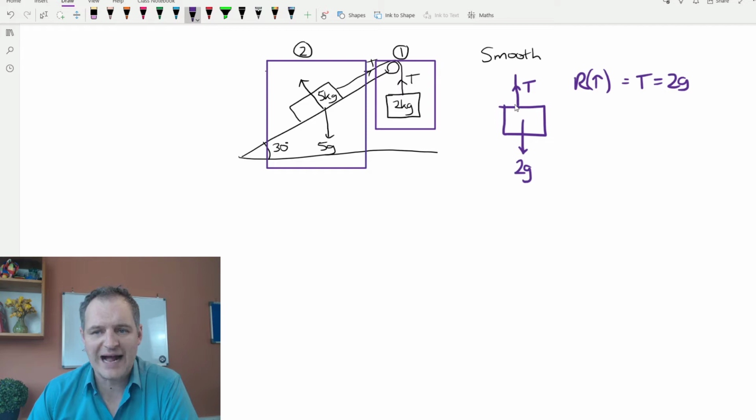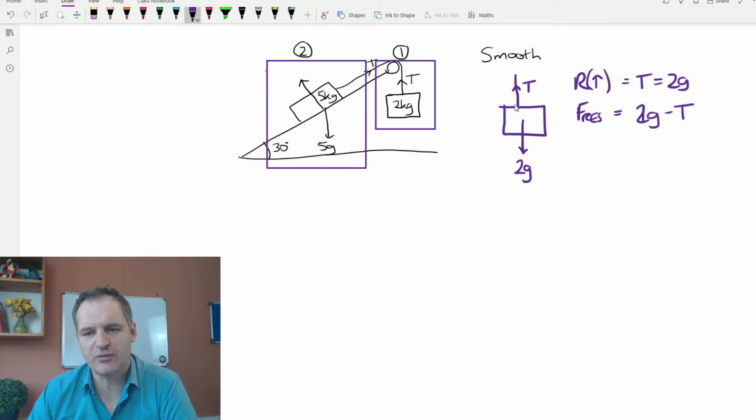So we've got actually that the resultant force is equal to 2G minus T. So we've got a system where if it's steady, if this weight is holding that weight there, then we know that they're equal.